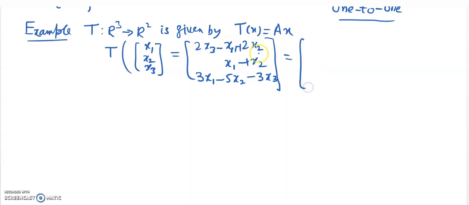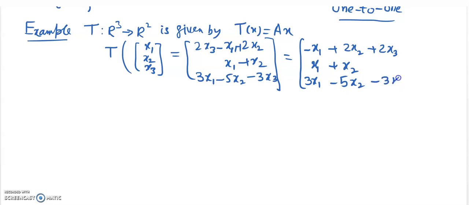So minus x1 plus 2x2 plus 2x3, and x1 plus x2, and then 3x1 minus 5x2 minus 3x3. In the second row there is no x3 term, so we can write it like 0x3.